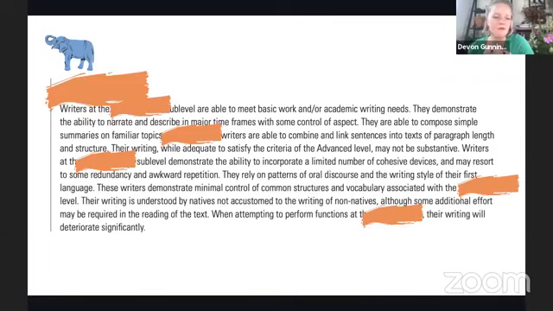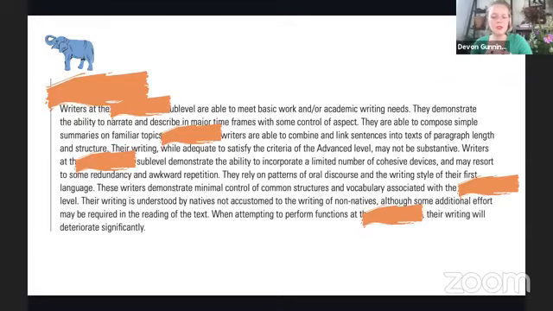We've got in here ability to narrate and describe in major timeframes, some control, summaries, adequate but not substantive, limited number of cohesive devices, so like and, or, but, maybe, may resort to some redundancy, minimal control of common structures and vocabulary associated with this level, and it's understood by natives, but it requires a little bit of a sympathetic listener or reader vibes.